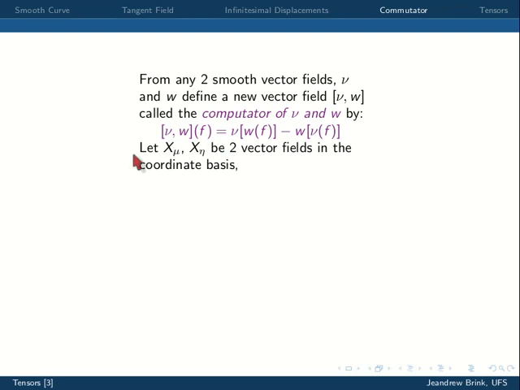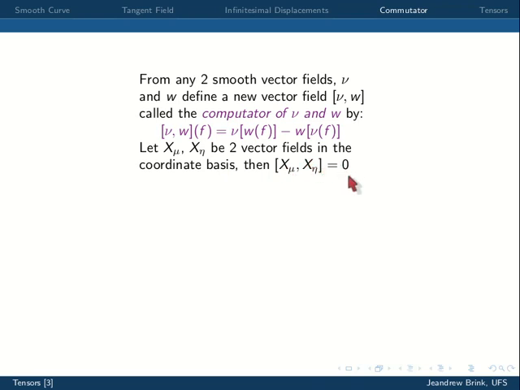Now, in the special case where your vector fields are just the basis vectors, then they commute. Suppose you have x_mu and x_eta, two vector fields in the coordinate basis. Then [x_mu, x_eta] is going to equal 0.